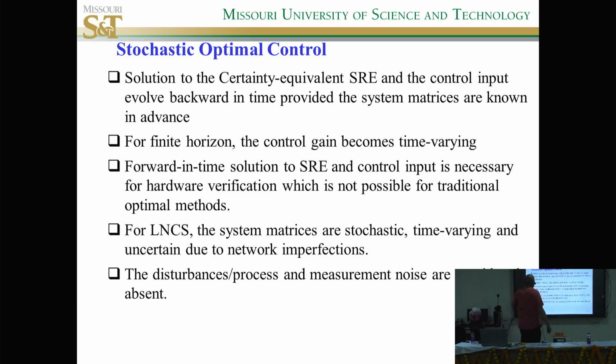So we really need a forward in time solution. If it's a linear network control system, the system matrices are stochastic, time varying, and unknown. We already saw that. The disturbances and the process and measurement noise are considered absent, to keep it simplified. Otherwise, it becomes more laborious. That's all it is.